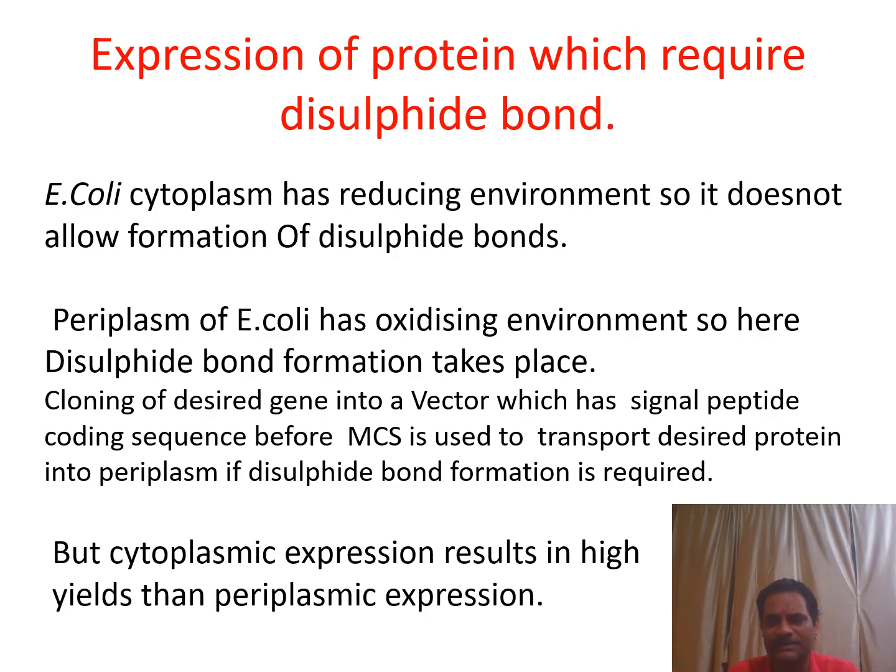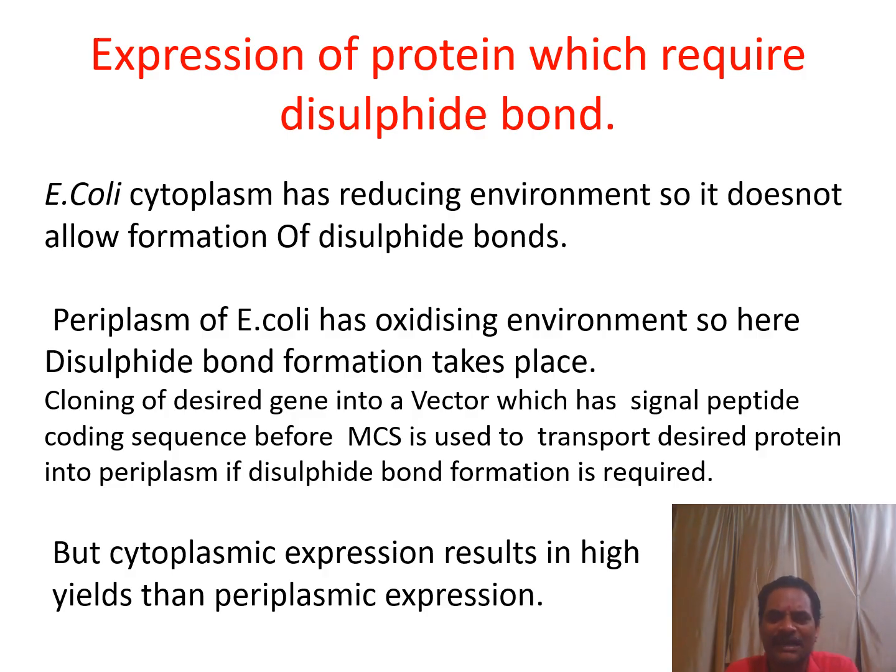So we have two options: either we transport our protein into the periplasm, where there is no reducing environment, so that your protein will get disulfide bonds. But the periplasmic space is very small, so your protein production will be very low.